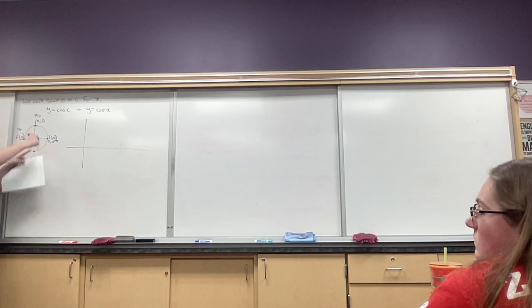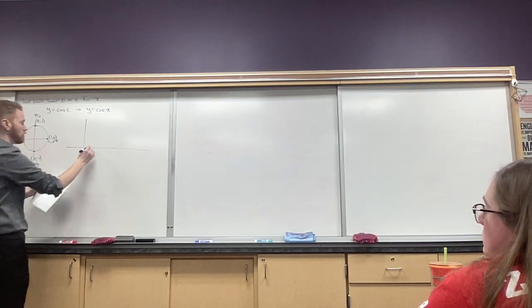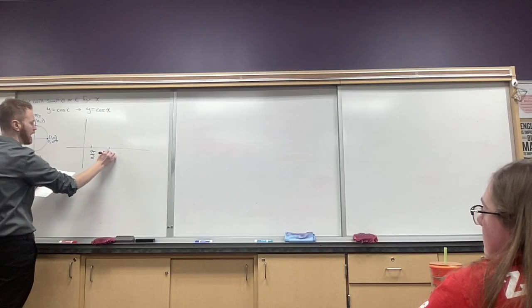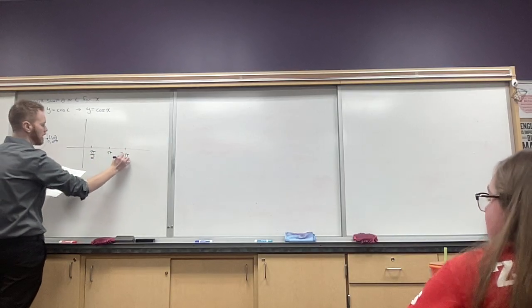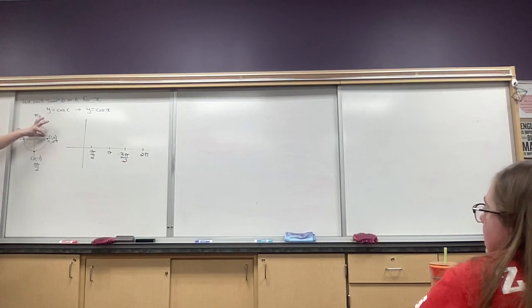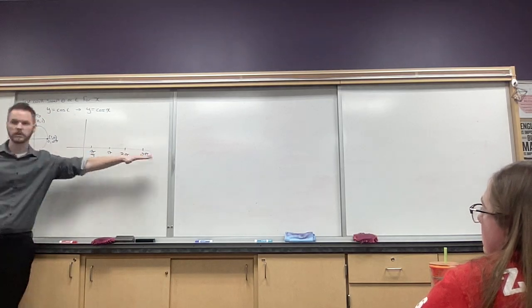All right, so again, I'm just going to break this apart. So these values are now going to be my x-axis. So looking at it, that's going to be pi over 2, pi, 3 pi over 2, and 2 pi. So again, I just unwound it from the circle and laid it across here.